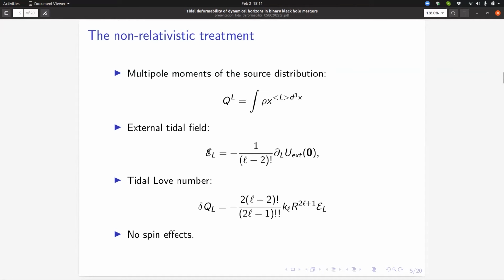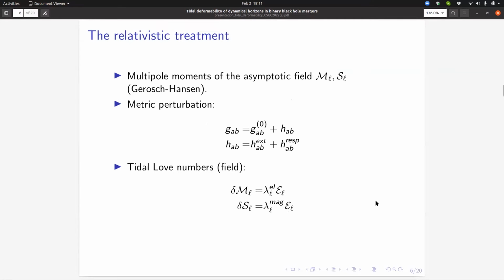The external tidal field, which is disturbing this compact object, is labeled as epsilon_L, which is also decomposed in multipole moments. Then one can show that the change in the multipolar distribution of the source is proportional to the applied external tidal field, and the constant of proportionality is called a Love number. This is the Newtonian story.